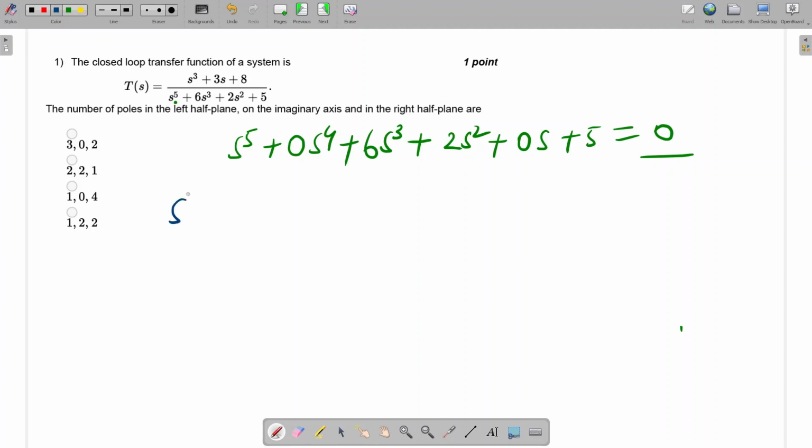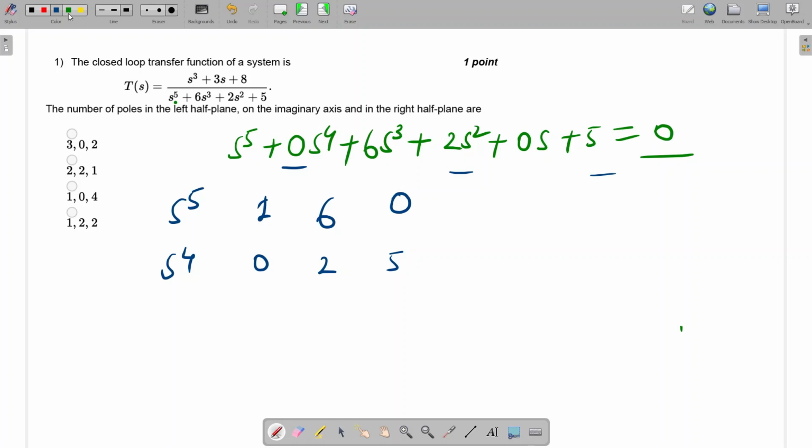So for s to the power 5 we write 1, then 6, then 0. Again s to the power 4: 0, 2, 5. Correct?